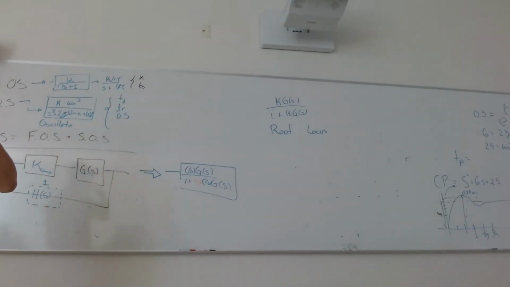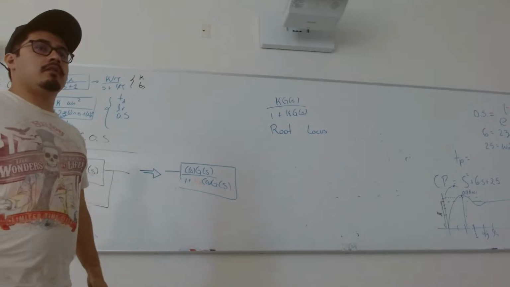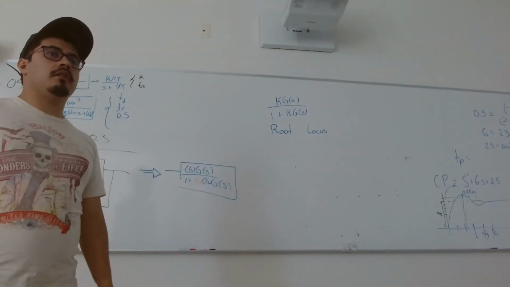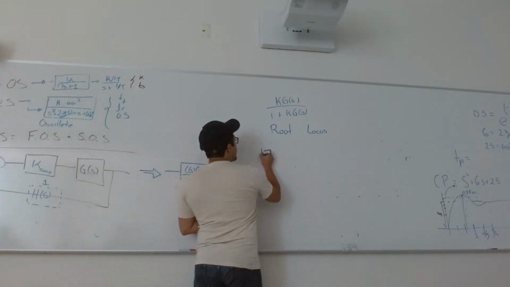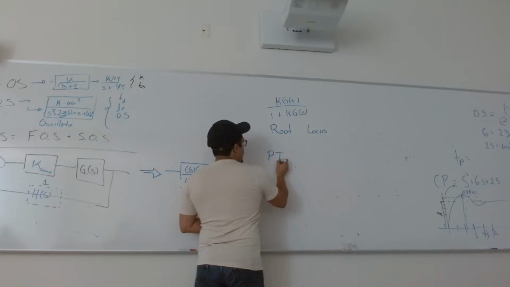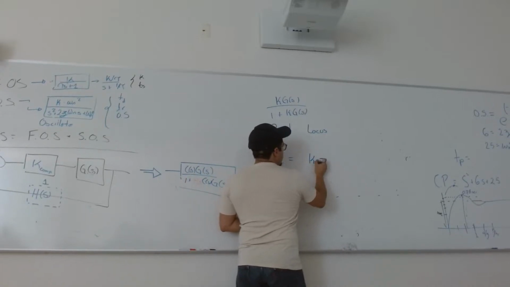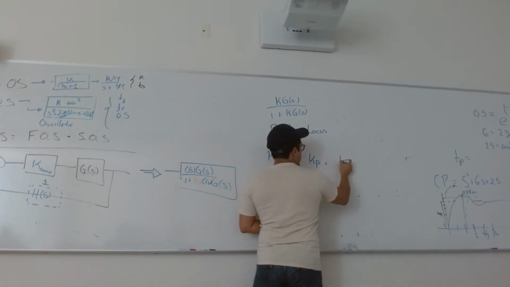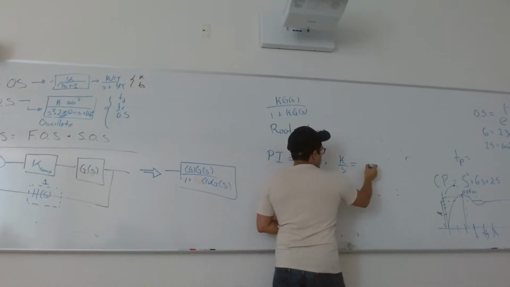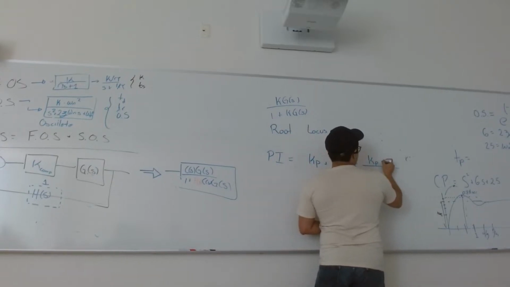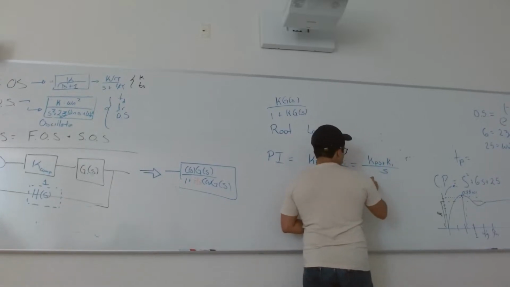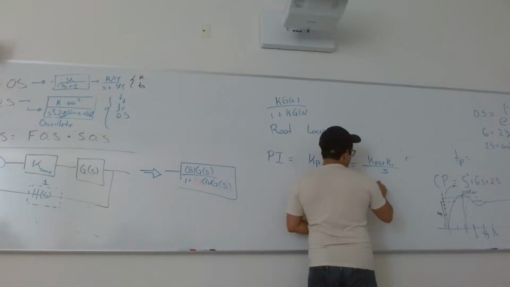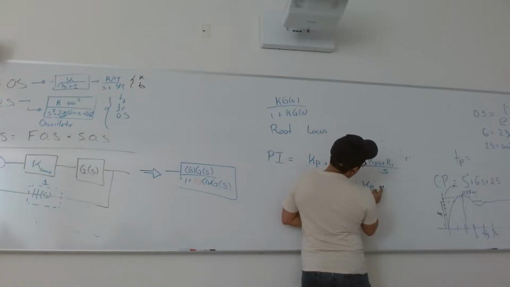Why does it still give us just one gain? Because for a PI, you have something proportional to the error and then proportional to the integral, which means you can write KP s plus KI over s, which means you can factor out something like KP.